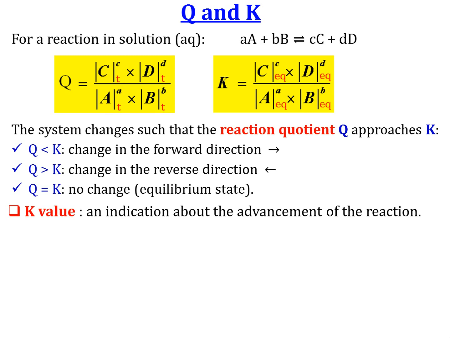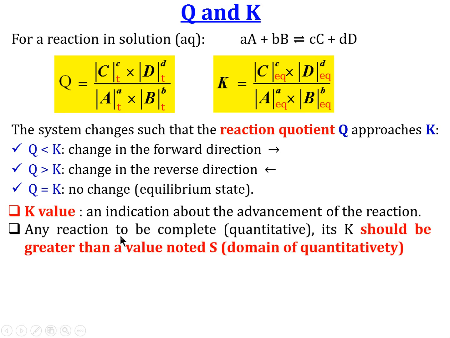Suppose the value of K is high. Can we say this reaction is complete or quantitative? To know if a reaction is complete or quantitative, the value of K itself is not an indication.